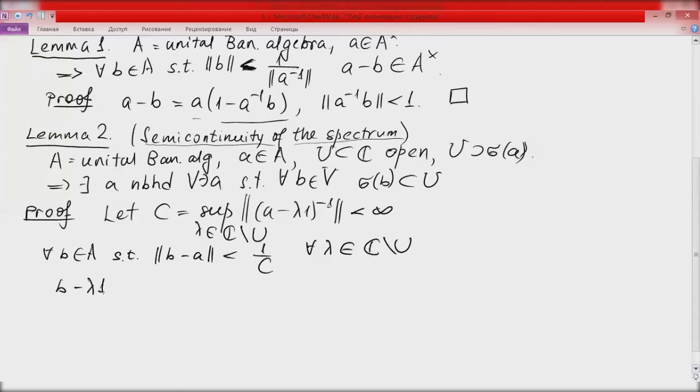To see this, we write this element as follows. Sorry, it would be more convenient to start with A minus lambda.